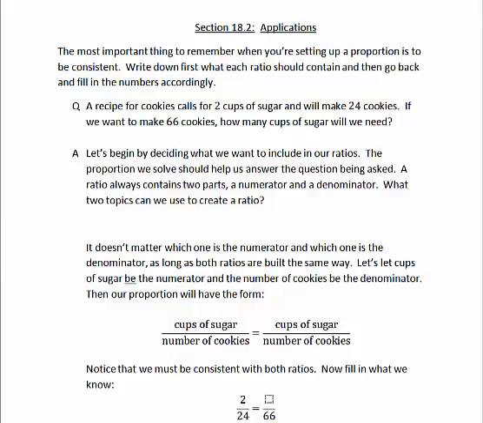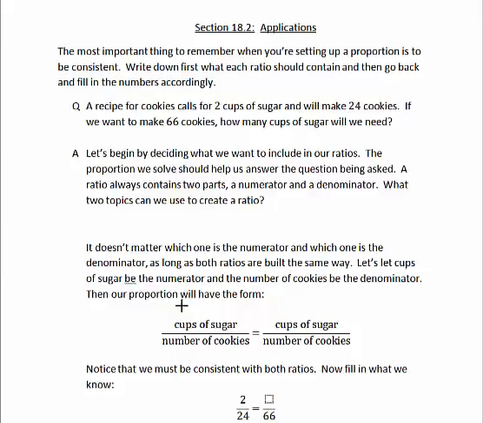Okay, now the important part about proportion word problems is that once you decide on a particular format of your ratio, then you need to stay consistent on the left side and the right side of the equal sign. So it's important that you pay attention to how you build your ratio.